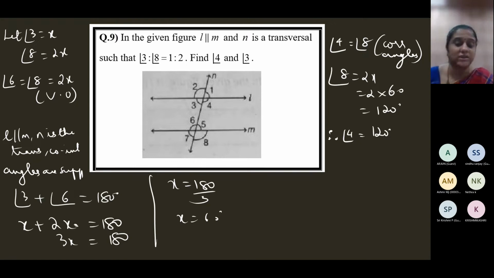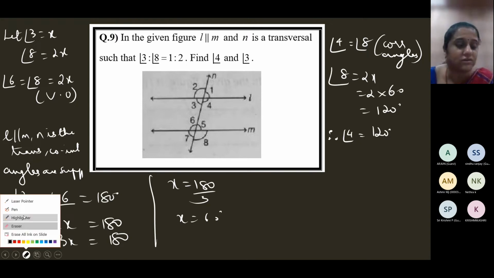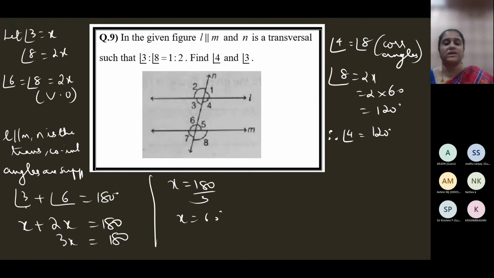What are the angles? We have 3 and 8, children. Okay. We found angle 4. Now we'll have to find angle 3. Angle 3 is equal to x. Angle 3 is equal to x is equal to 60 degrees. Write down.